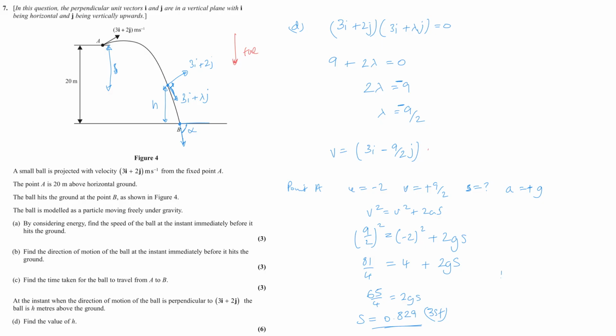And then h is 20 minus s. So it's 20 minus 0.829. So 20 minus that is 19.17, or 19.2 meters to 3 significant figures there.